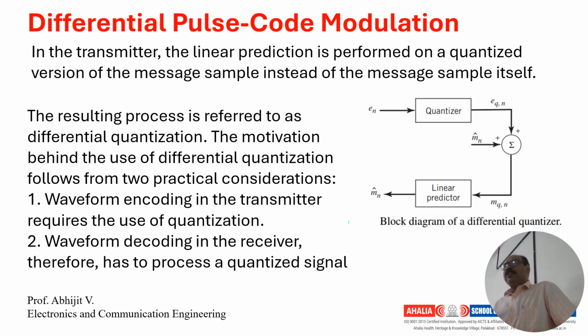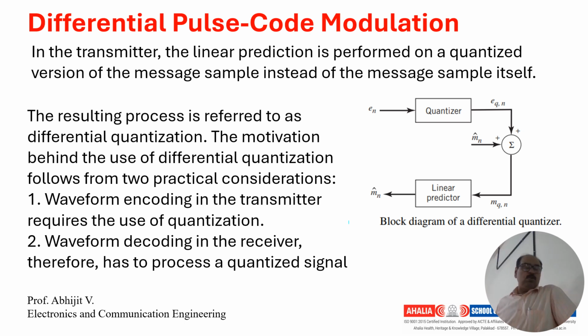After sampling, we quantize the signal, and this quantized version is given as an input to the linear predictor. The linear predictor predicts the possible difference in signals. So the output is a differential quantized output, and this is used for transmission.